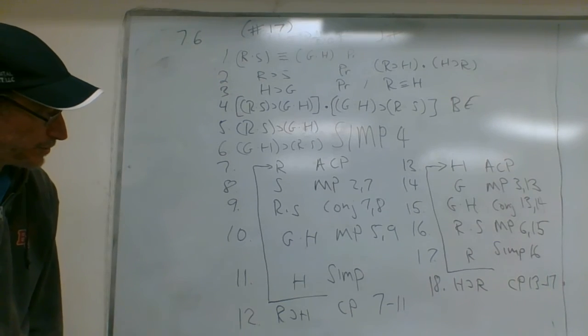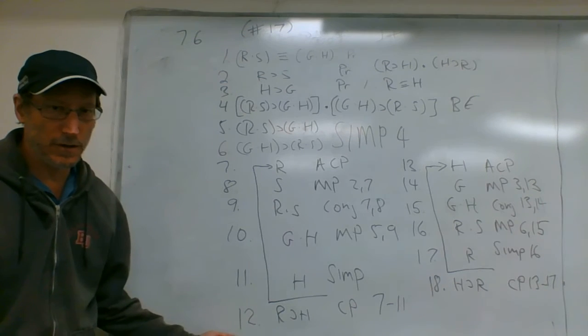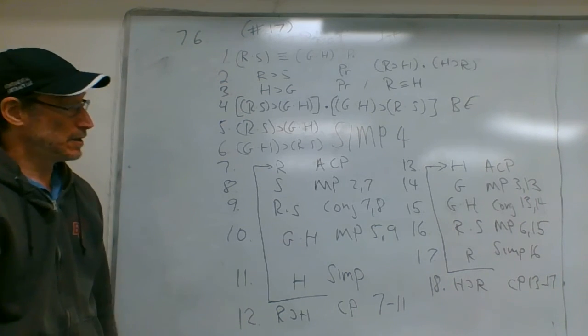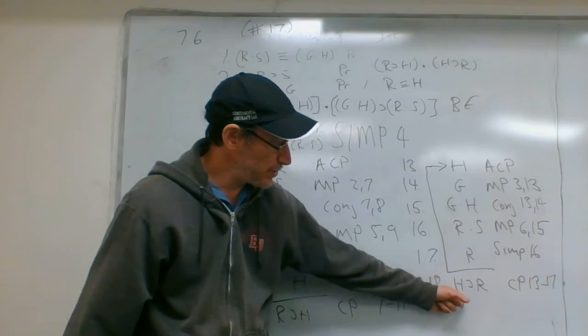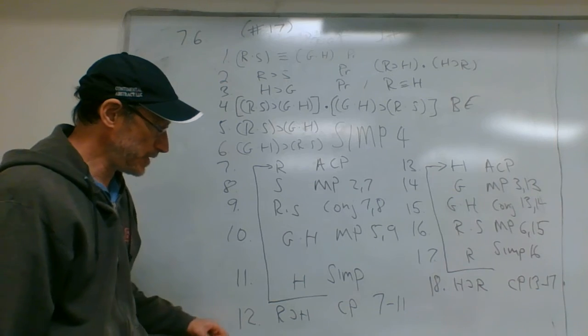And now what we would do, again, these really ideally should be listed below, number 12. So it would be all the way down to the floor. Anyway, you now have H horseshoe R on step 18. You have R horseshoe H on step 12.